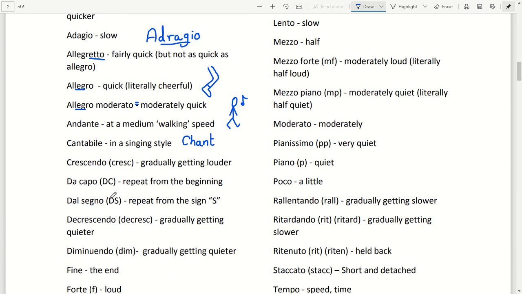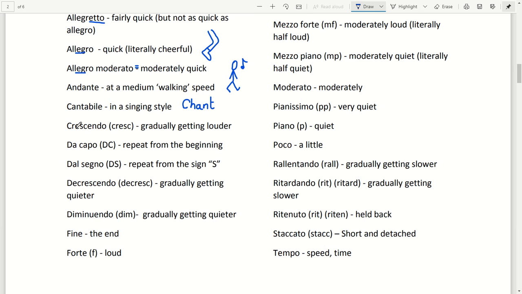Let's just keep going. Let's go through quite a few of these. Crescendo, how could you memorize that? I always remember that I know what the symbol for crescendo is. It's that. And so you could have that as the C. And you could turn the C in crescendo into being the crescendo hairpin.